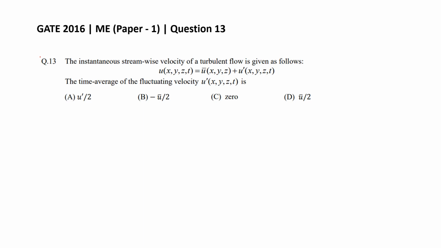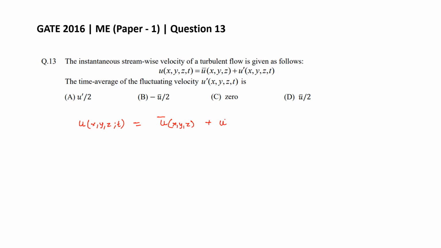So I guess people who have not studied turbulent flows, you can simply think of it like this. There is some flow which is a function of x, y, z, and t, and you can break this flow down into a mean component. The mean component is called the time mean component because the time variation goes away from here.